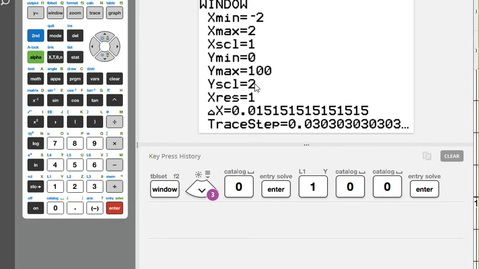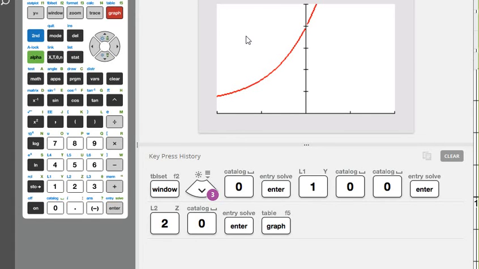Now, if I just left this as y scale equal 2, I'd have 50 tick marks up and down my y-axis. That's a little bit too many. Let's go for y scale of 20. Each tick mark on the y-axis is going to be 20. When I got that all set up, I should be able to hit the graph key. And there you go. There's our graph.